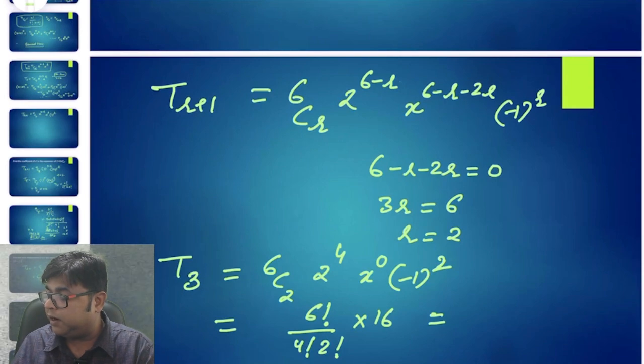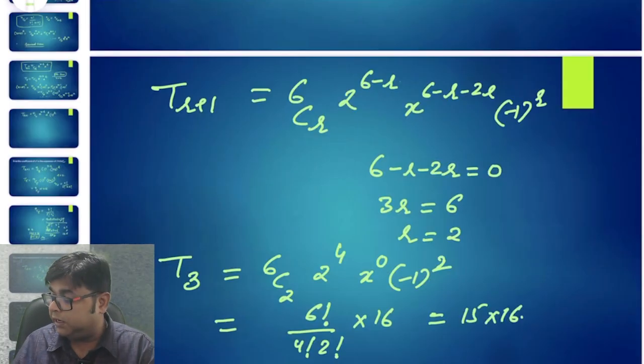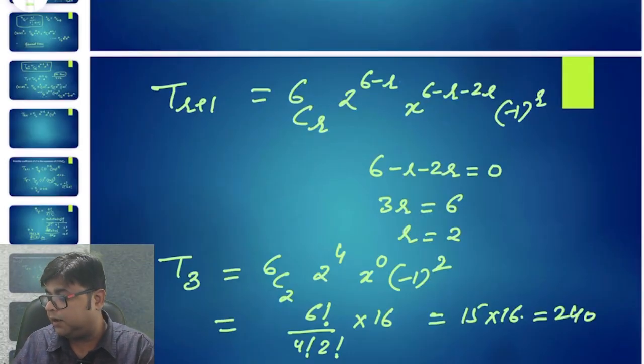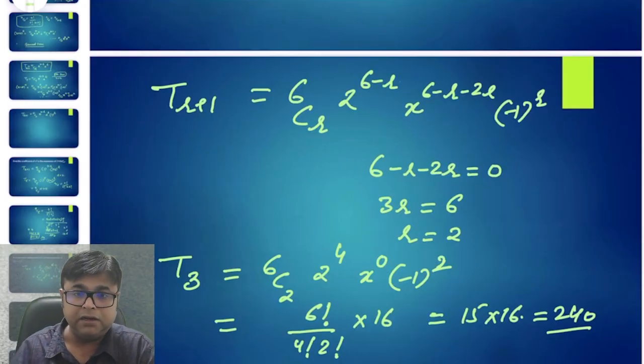So eventually I'm going to get 6 into 5 by 2, which is 30 by 2, is 15 into 16. 15 into 16 will be, I know 15 square is 225, so I'll add 15 more to that, gives me 240. So 240 is the third term and it is independent of x. Right.